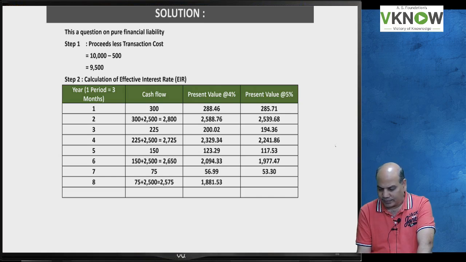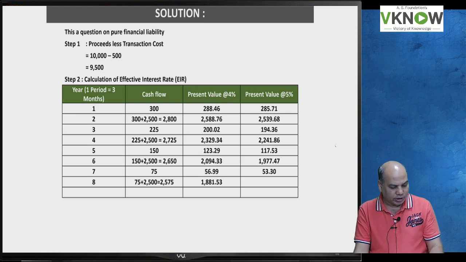Last one. It will take some time, but if this question is asked in the exam, you can get full marks. 1881.53. Other students will not be able to get it, you will.